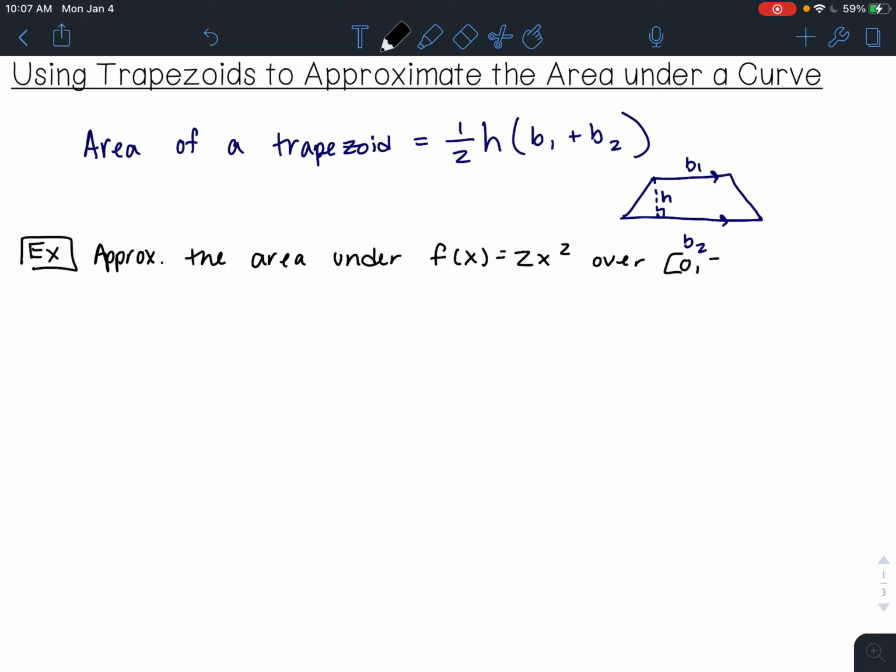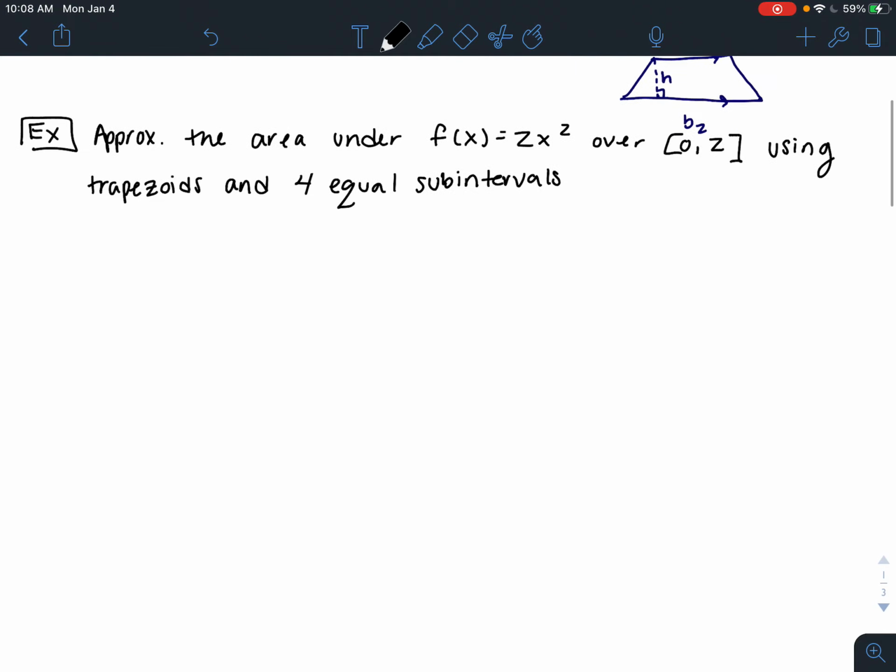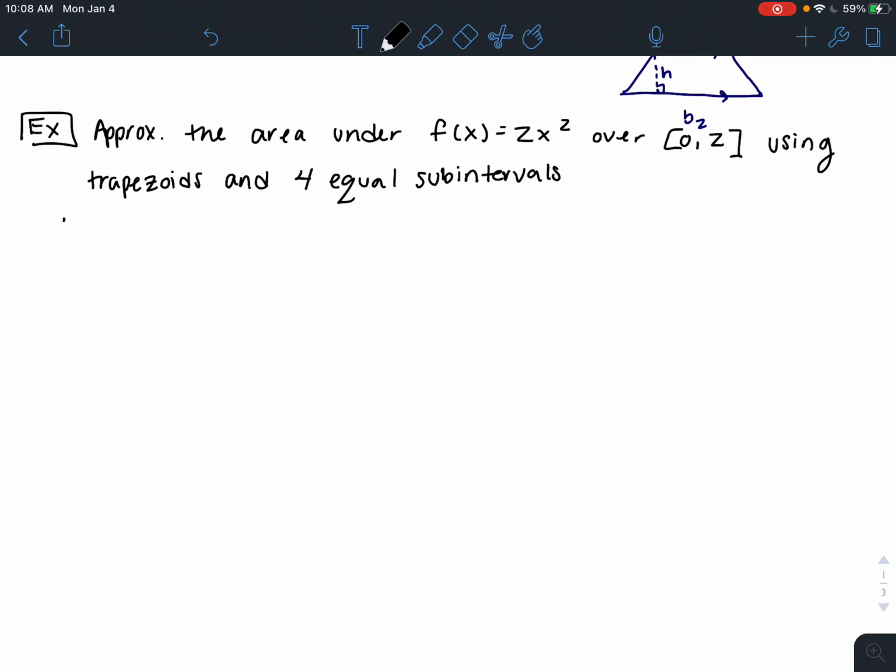And we were using 2x squared over the interval 0 to 2, using trapezoids and 4 equal subintervals. So let's see where this gets to.